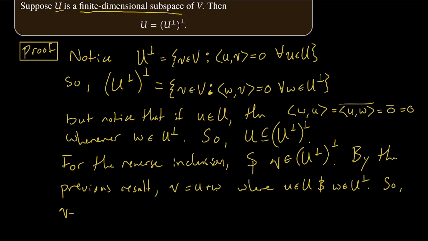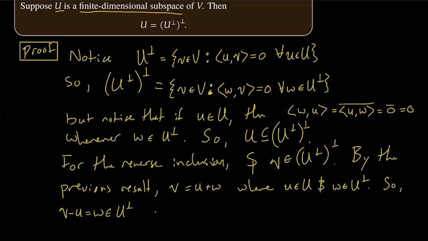Then we'll get that something is 0. So we're going to show in particular that W is equal to 0. V minus U here is equal to W, and W is in U perp. Okay, so V minus U is in U perp.